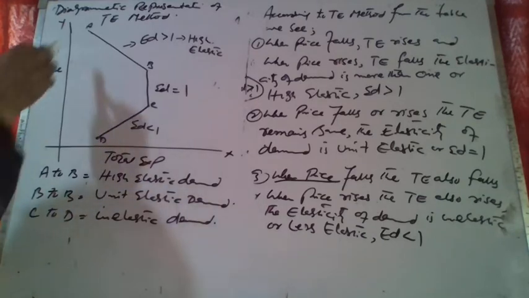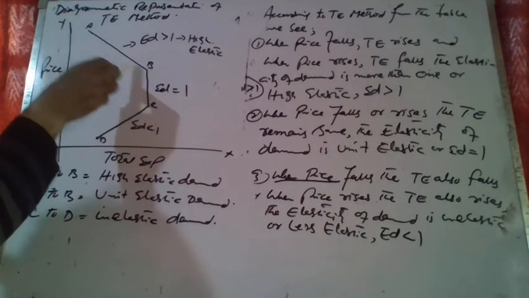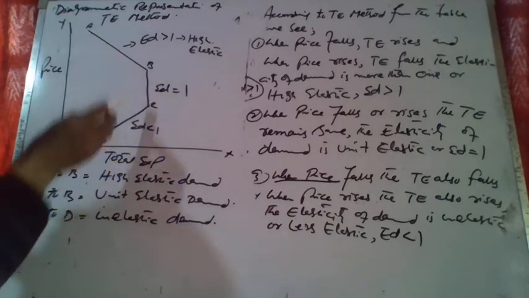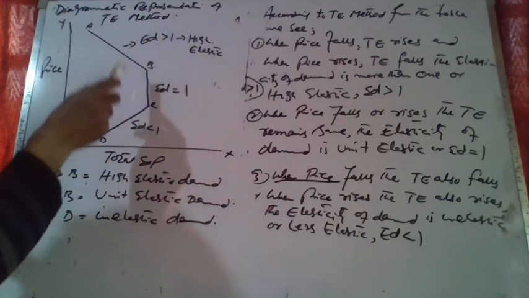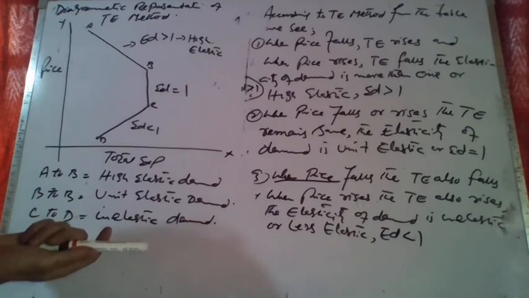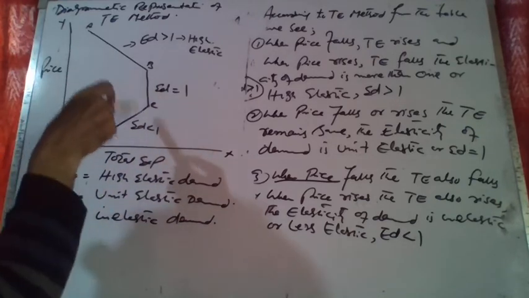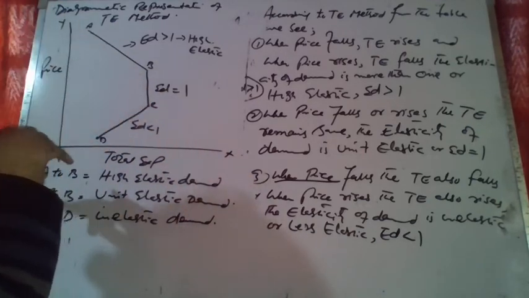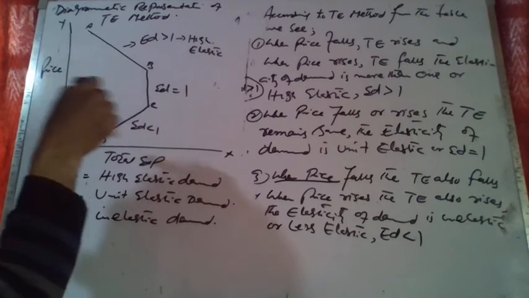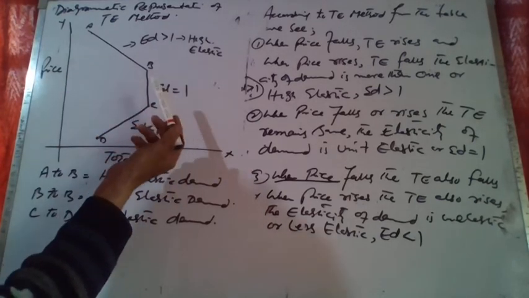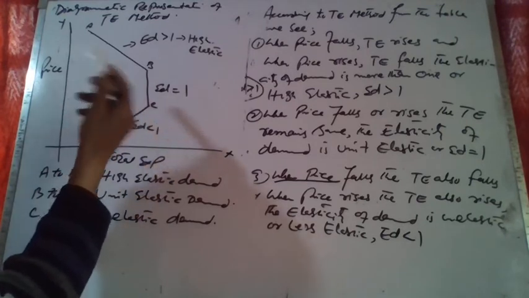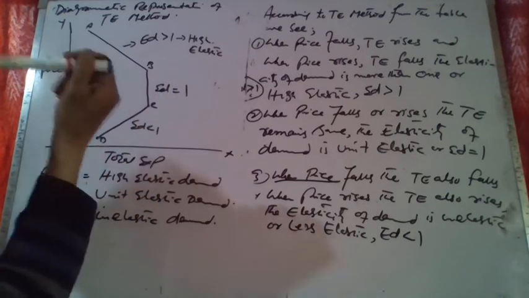When there is an inverse relationship between price and total expenditure, the elasticity of demand is more than 1 or high elastic. When price falls or rises, the total expenditure remains the same, so there is no relationship between total expenditure and price. The elasticity of demand is 1.